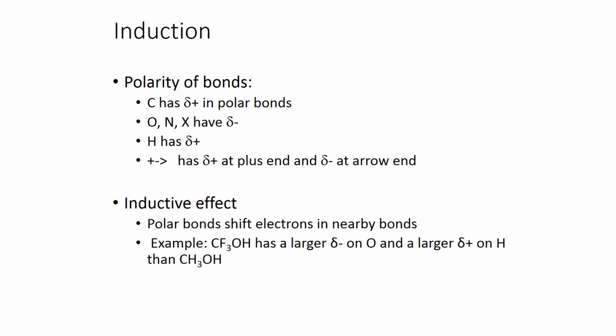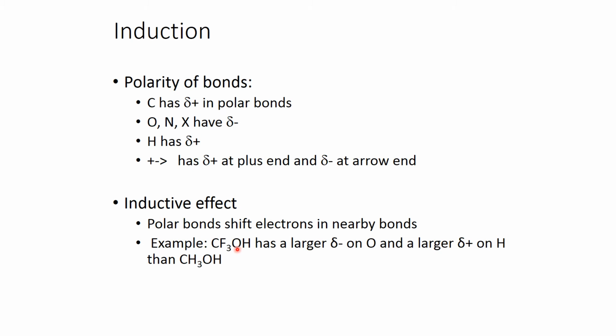oxygen-hydrogen bond over onto itself, it causes a greater polarity. It's like the electronegativity of the fluorine is causing the electronegativity of the oxygen to be greater. So what you have is a greater polarity in this bond with a larger del positive than in methanol down here.